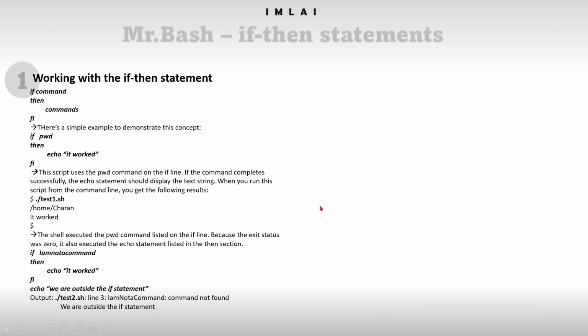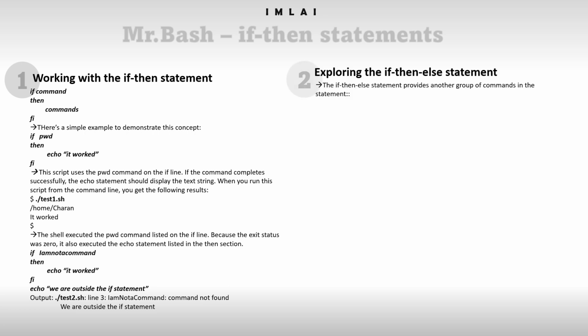So now we'll explore the if then else statement altogether. Till now we have seen only if then statement. Now we will also see if then in addition with else. Okay, so in the if then statement you have only one option for whether a command is successful.